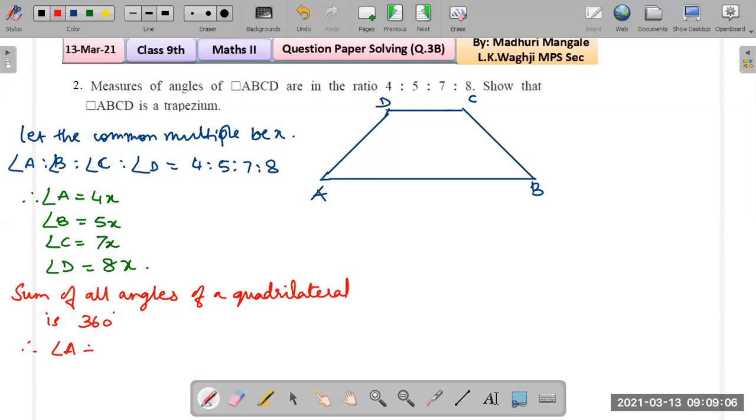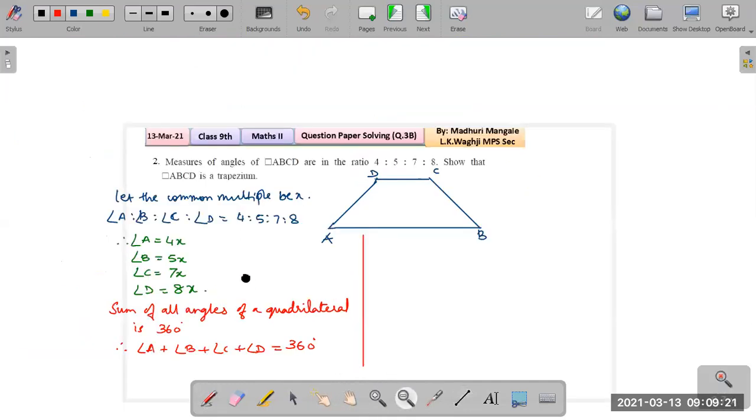Therefore, angle A plus angle B plus angle C plus angle D is equal to 360 degrees. All right. And then we will just substitute the values and simplify to find the angles.